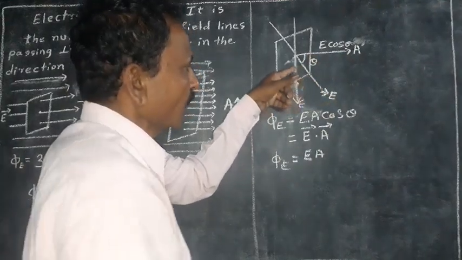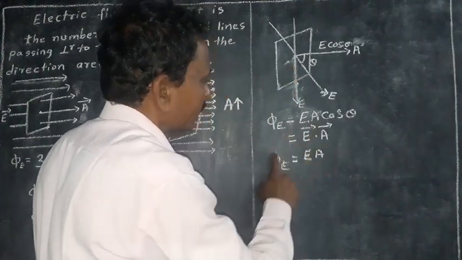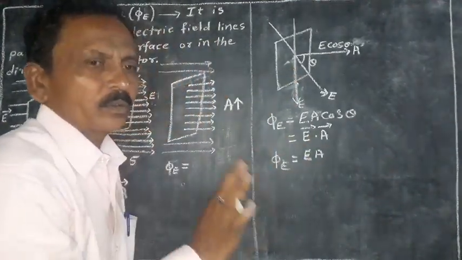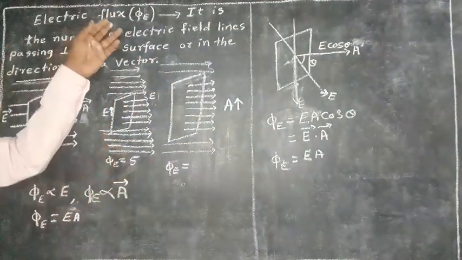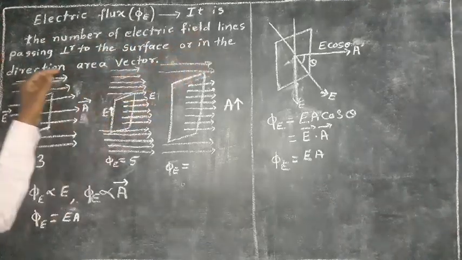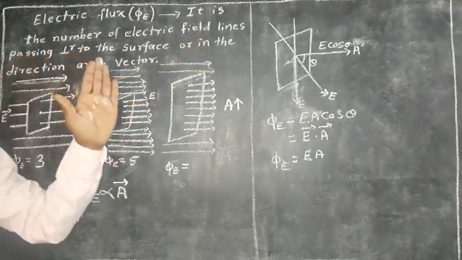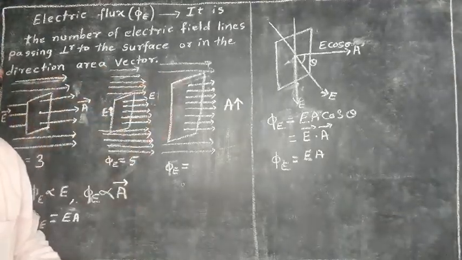If theta equal to 90, cos 90 equals 0, therefore flux phi is equal to 0. Hence, electric flux is the number of electric field lines passing perpendicular to the surface or in the direction of area vector.